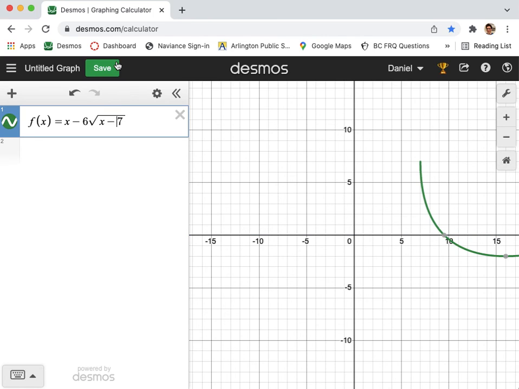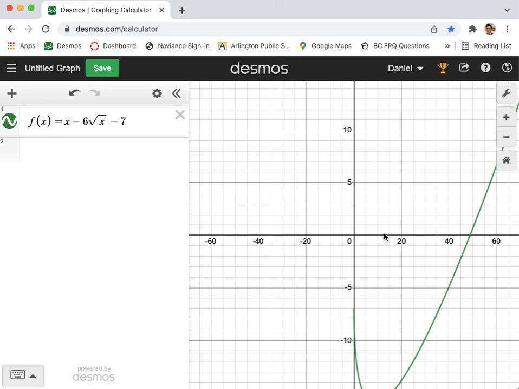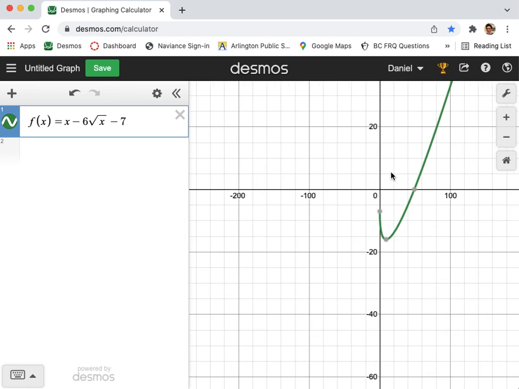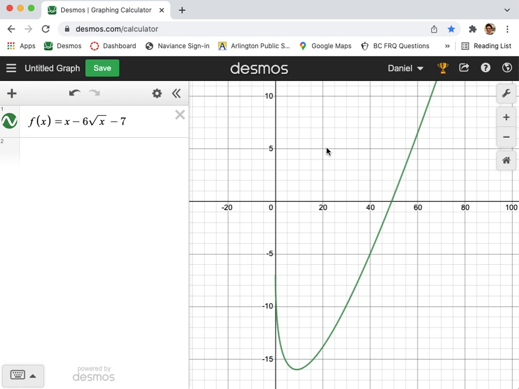And that actually also explains why I don't see it here, as I put the minus 7 in the wrong spot. And here we can see our solution of 49. And that is the only solution. You can zoom out all you want. Not going to get anywhere. That's the only solution.